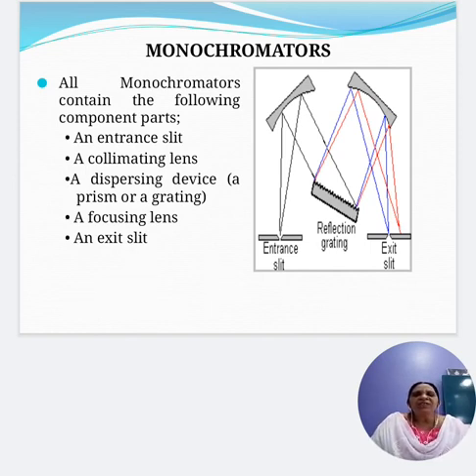Then you have the focusing lens, the second concave lens, which focuses the radiation emitted by the dispersing medium onto the exit slit. We have the exit slit. So, these are the main parts of your monochromators.